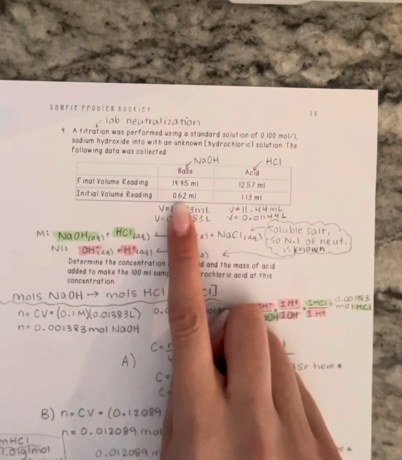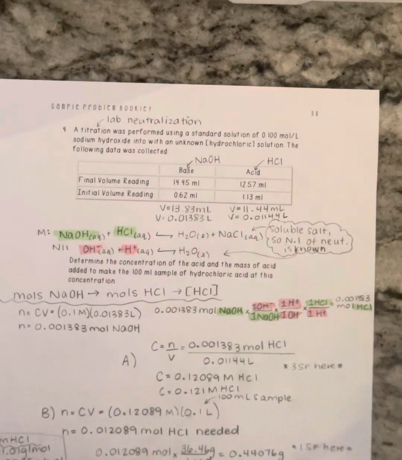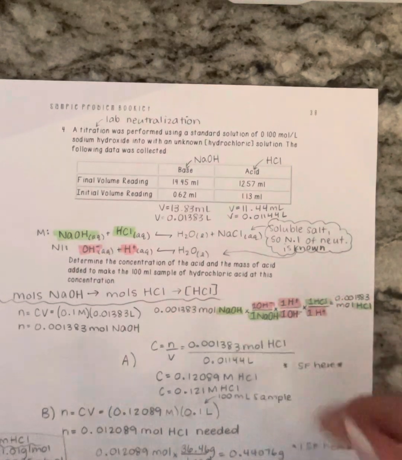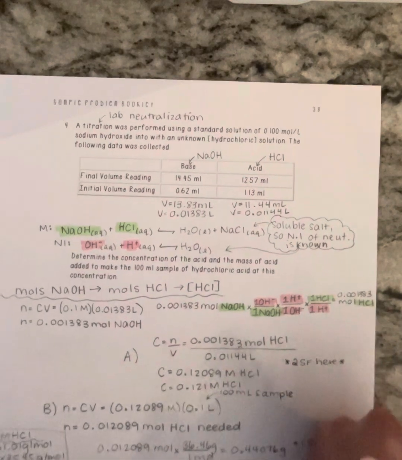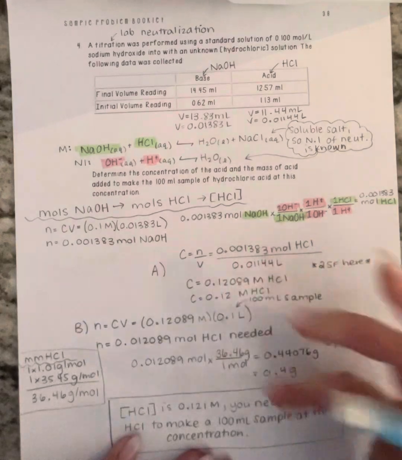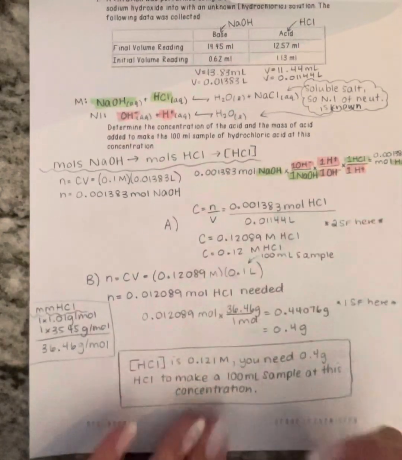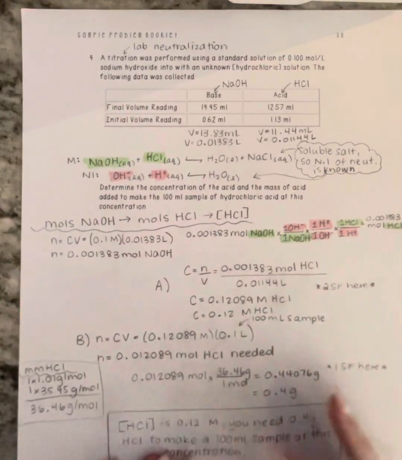It's wrong because this is 2 sig figs, and I did use this in my initial value, so this should be 2 sig figs. Please make that change on your printed copies because I've already scanned them. So that means this is going to be 0.12 molar. It doesn't change anything else, it'll just change the final answer here.